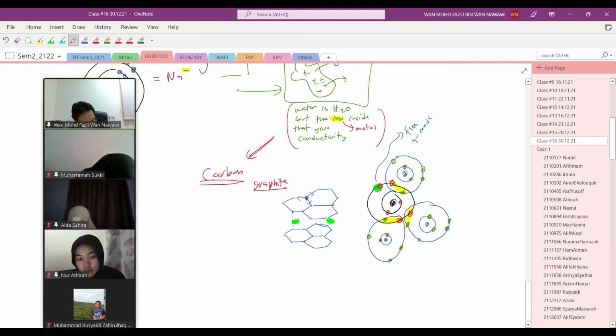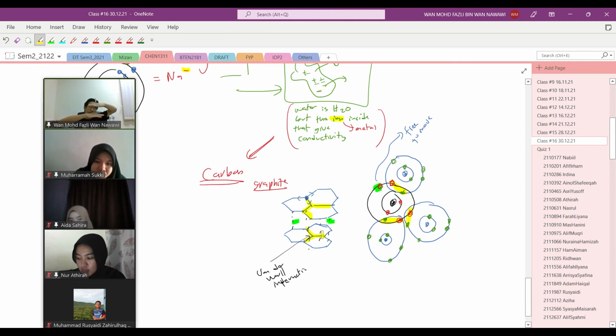Between these two is a van der Waals interaction, meaning a weak interaction, an intermolecular force. It's not covalent bonding. The covalent bonding is here only, the one in yellow.